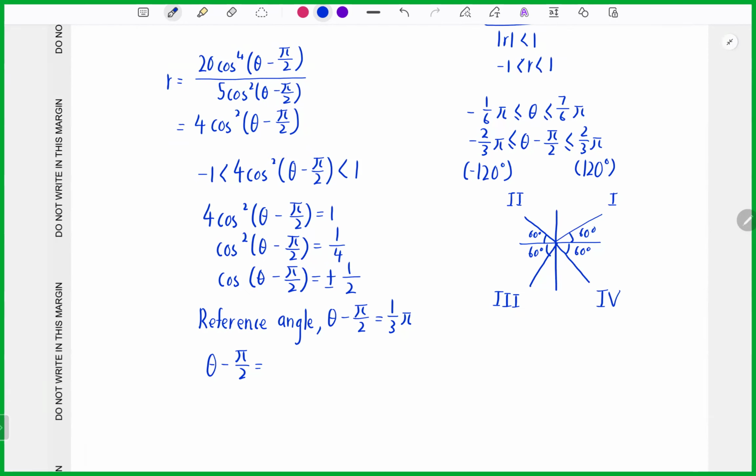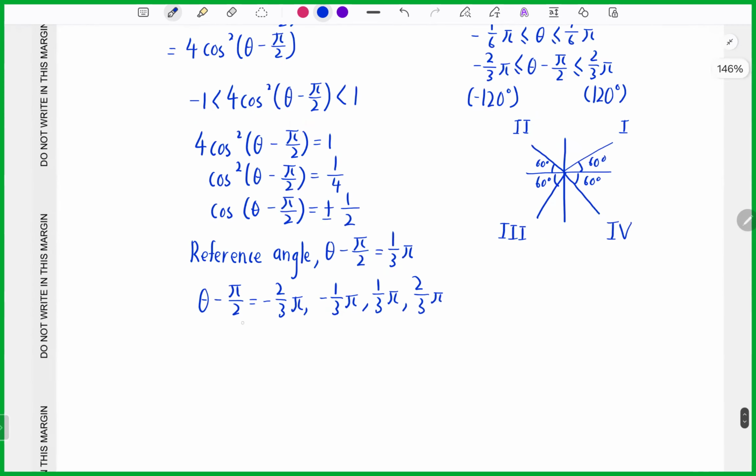So I can take negative 2 over 3 pi first, negative 1 over 3 pi here again, and then 1 over 3 pi, and the last is 2 over 3 pi.